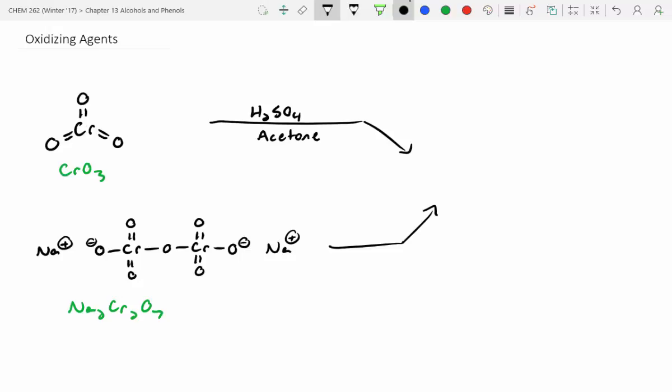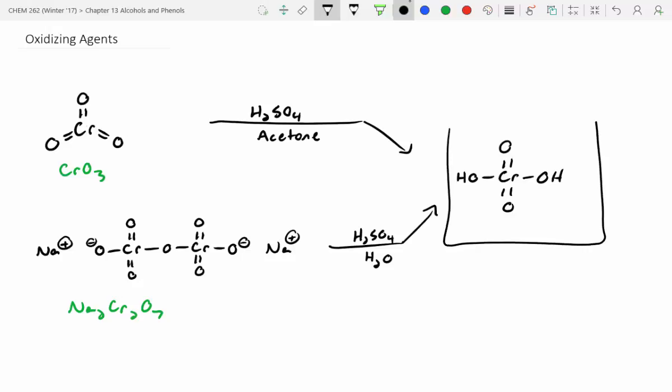And if you're using sodium dichromate, you typically use sulfuric acid and water. However, regardless of which combo you choose, the goal is that you're going to make chromic acid. Chromic acid is the oxidant of choice for the 1st and 2nd edition of the Klein textbook.